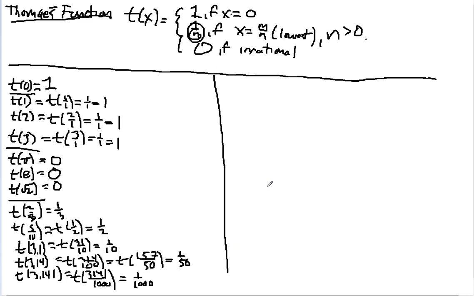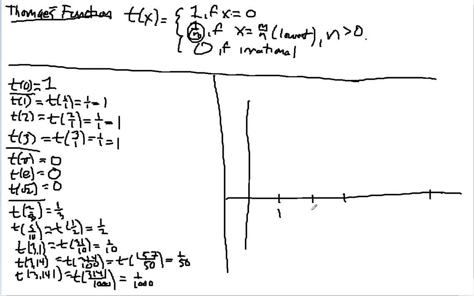But let's graph this now. So here's 1, 2, 3, and I'm going to make the fourth really exaggerated: 1, 2, 3, 4, and here's my value of 1. Here's 1/2. So here's what we see. The value at all the integers is just 1. So maybe I should graph this in red.